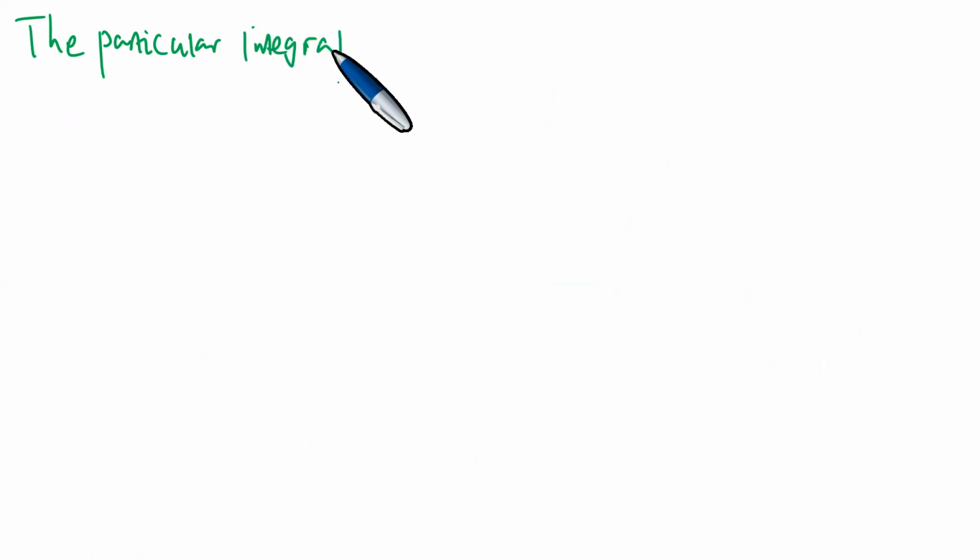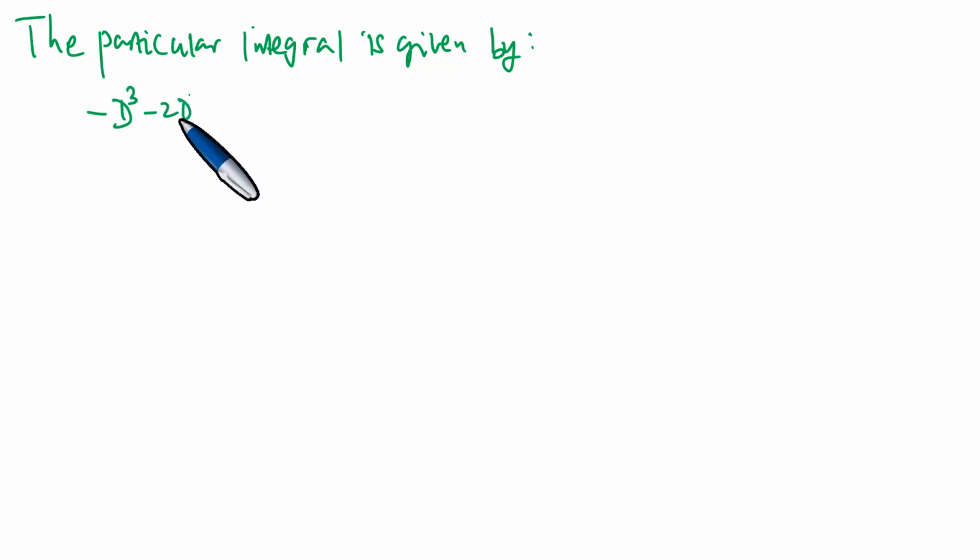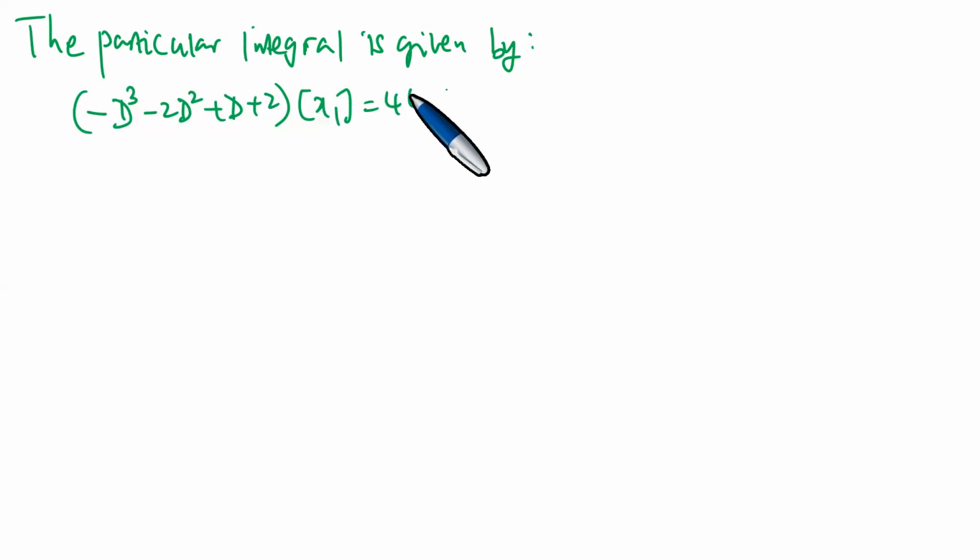The particular integral is given by minus d cubed minus twice d squared plus d plus 2 on x1, which is 4t minus 2.